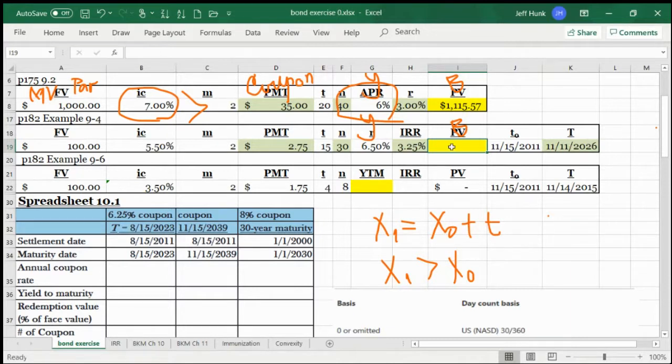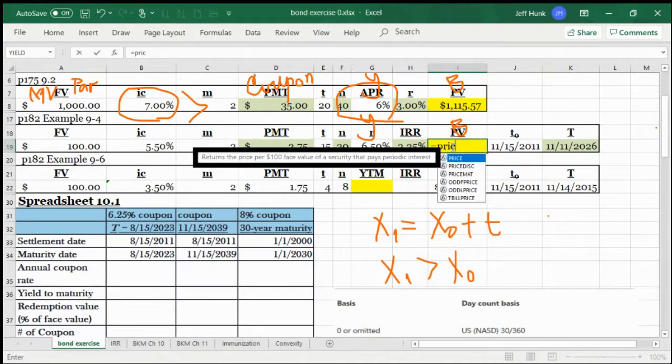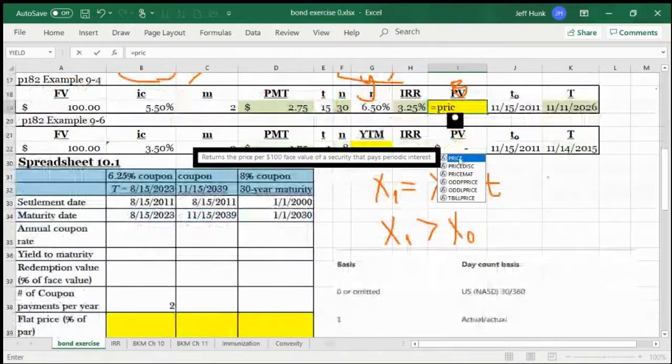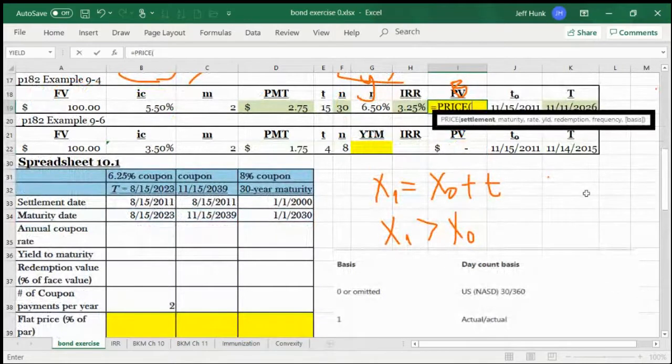Excel has a built-in price function, right? Just enter a couple of inputs. First, it's asking for settlement. That means the settlement date, when the transaction is settled.